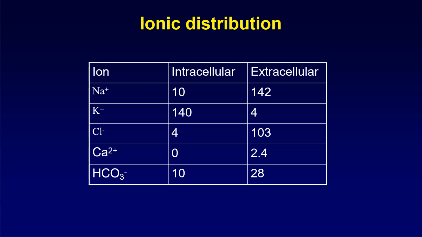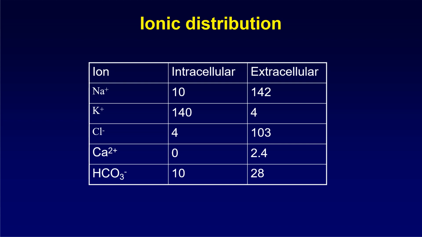The particle size of potassium is larger as compared to sodium, but the permeability for potassium is approximately 50 to 100 times greater than that for sodium. This is because hydrated potassium is smaller than hydrated sodium. As you all know, sodium is always hydrated, surrounded with water molecules.